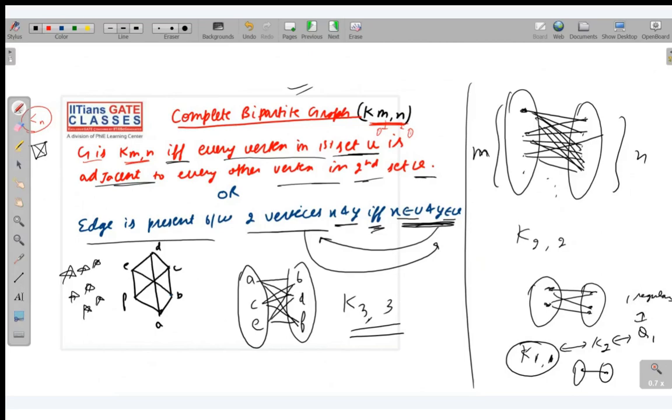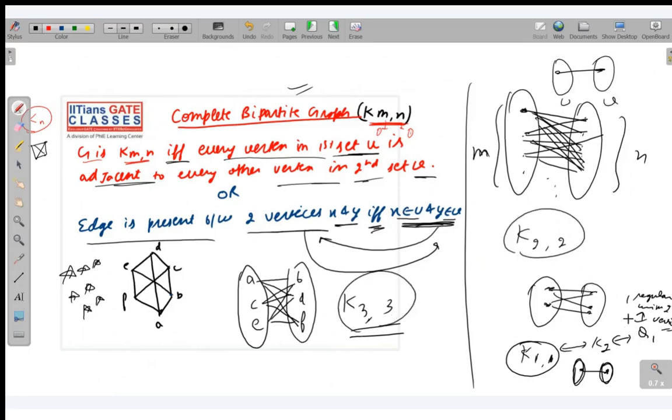I am just making these to give you an idea. It is not required. Now the graph is this only, right? I have just made it to give you clarity. This is the U set, this is the V set, and so on. So K22, K33, K11.